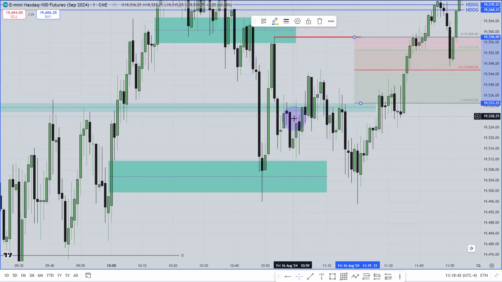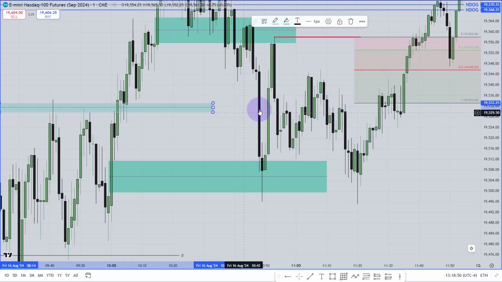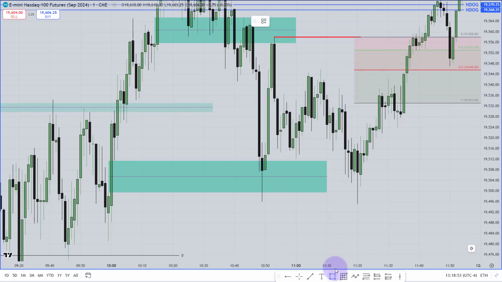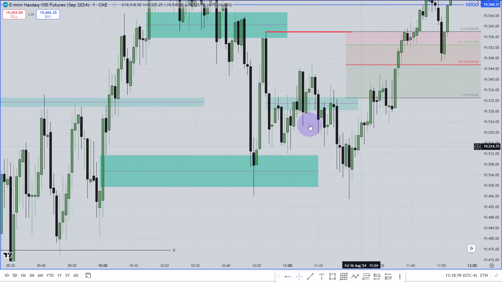What do you have more over there? See this imbalance over there? Look at this imbalance. Let me actually remove this one and let me mark this imbalance over there. So here, this is the imbalance. Let me mark it here. This imbalance and that imbalance, both of them are almost overlapped with one another.